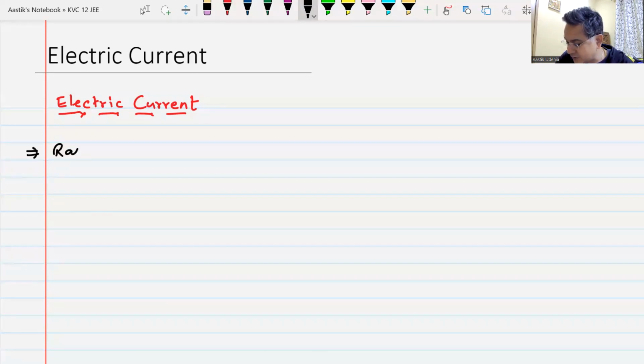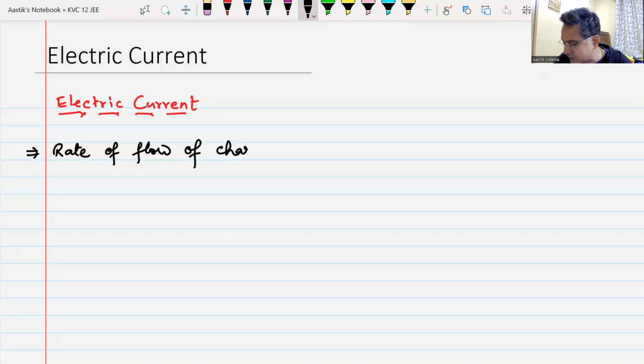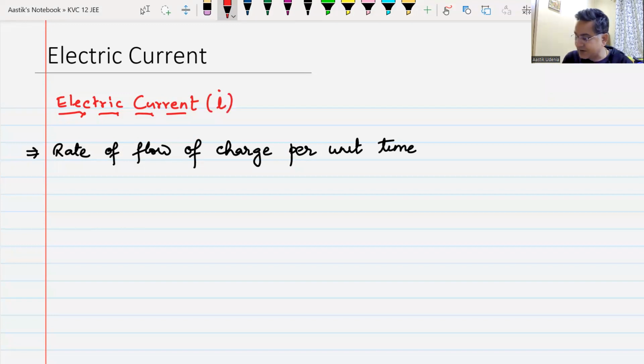Electric current is the rate of flow of charge, the rate at which charge flows per unit time. That is known as electric current. Electric current is normally denoted by the letter I.